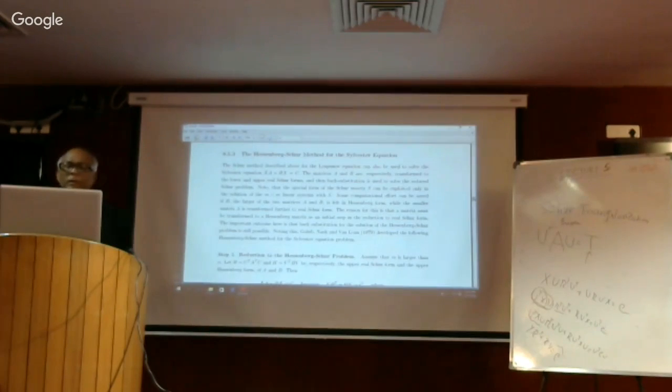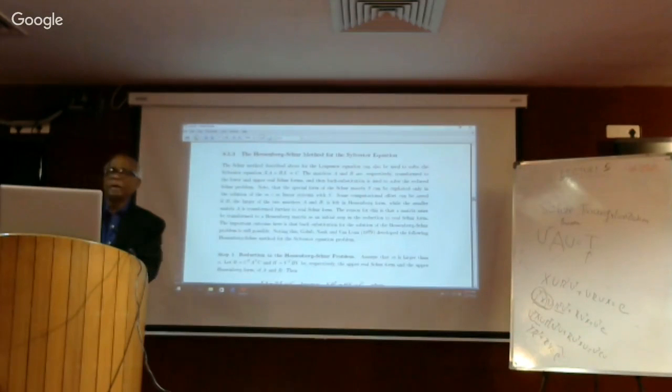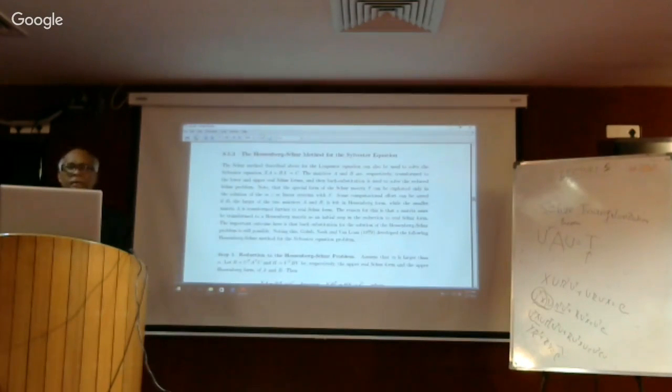Well, we can transform both A and B to real Schur form, and then try to compute the columns of the matrix Y the way we did.